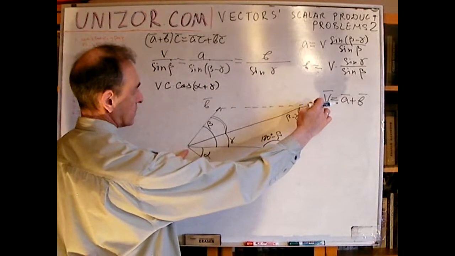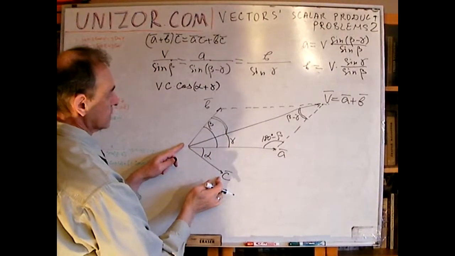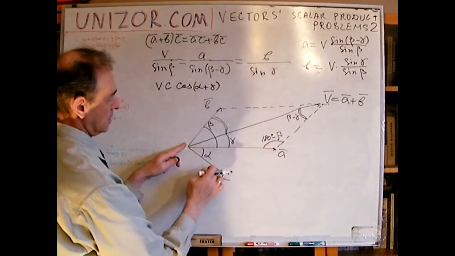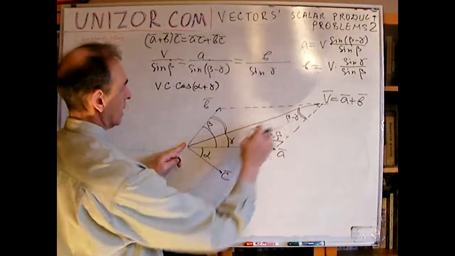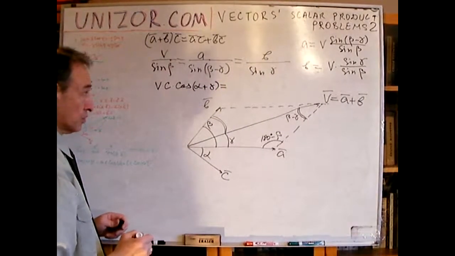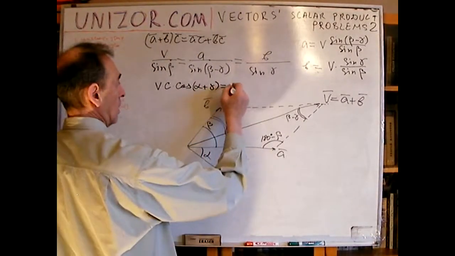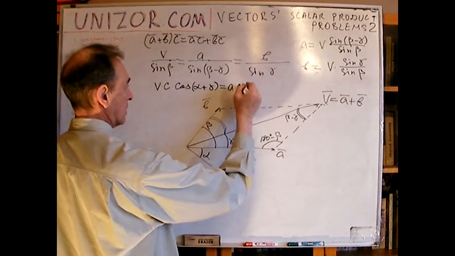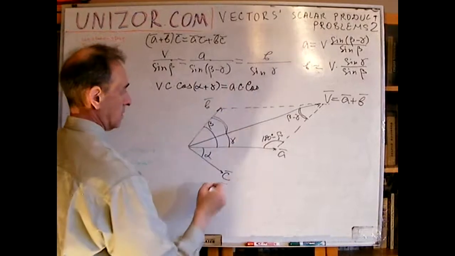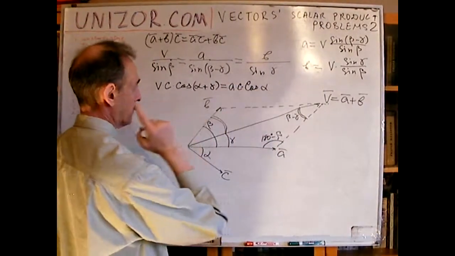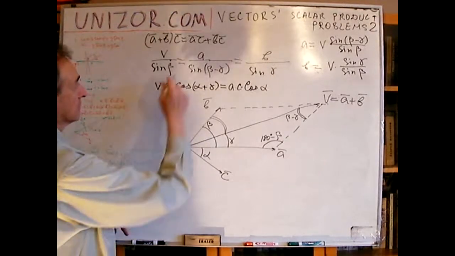V is the length of this, C is the length of this, and alpha plus gamma is the angle between them. We have to prove that this is equal to AC cosine of alpha, right? That's what this is.